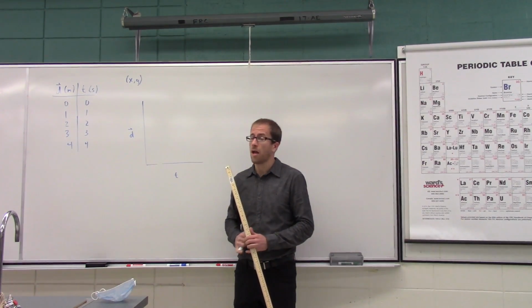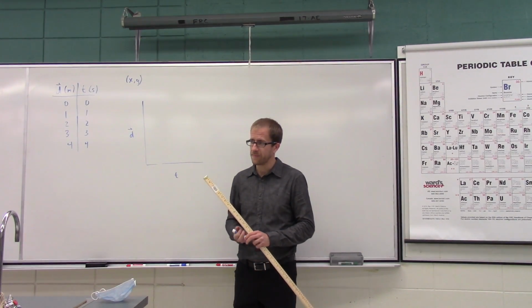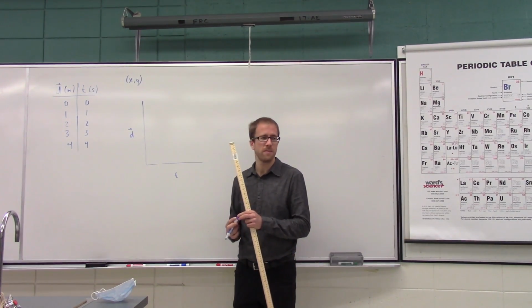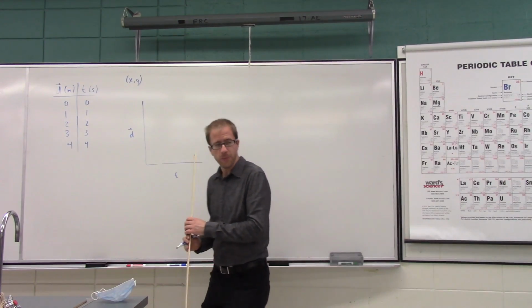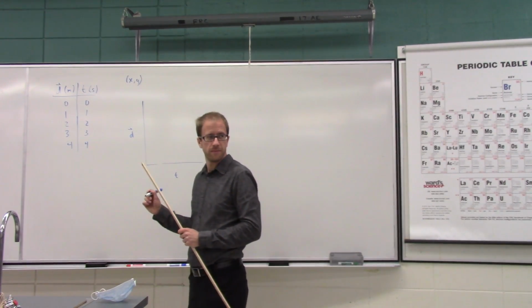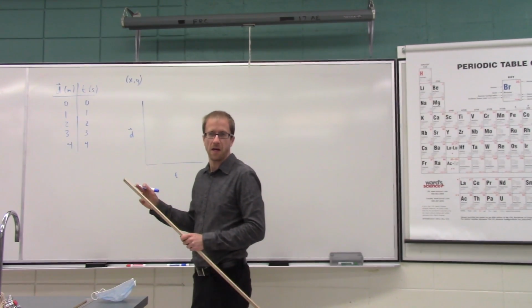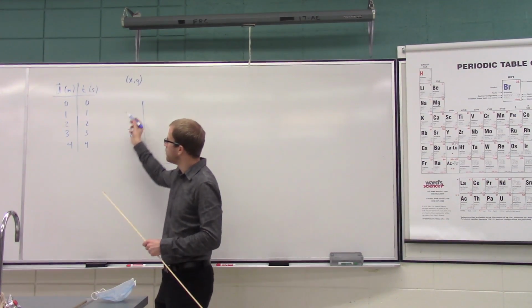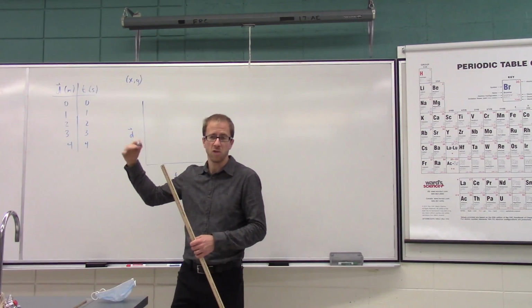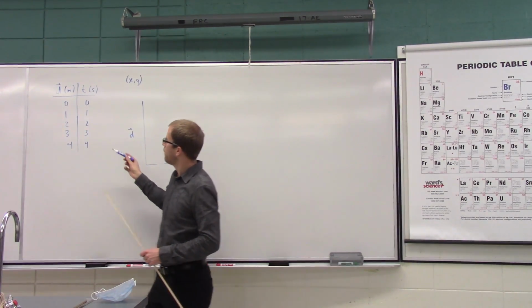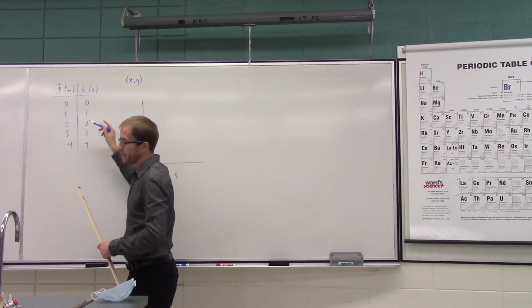You should be able to just tell by looking at it. 1 meter per second. Yeah, you got it, Vicky. How do you know it's 1 meter per second? Because it increases 1 meter per second. Reverse that thinking. For every second, you increase your position, your change in position, by 1 meter, right? For every second, you move 1 meter.